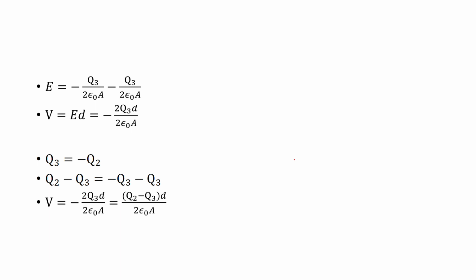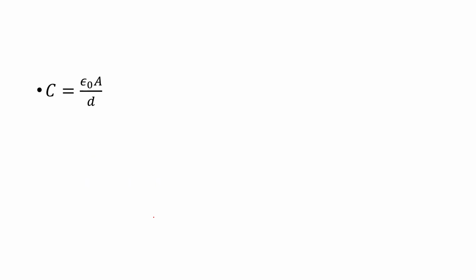So the potential difference can be written as minus 2q3d divided by 2 epsilon naught A. Now this 2q3 is Q2 minus Q3, so I have substituted this value minus 2q3 as Q2 minus Q3. So the potential difference is Q2 minus Q3 into d divided by 2 epsilon naught A. So finally we have V equals Q2 minus Q3 into d divided by 2 epsilon naught A. That is the potential difference between the plates.